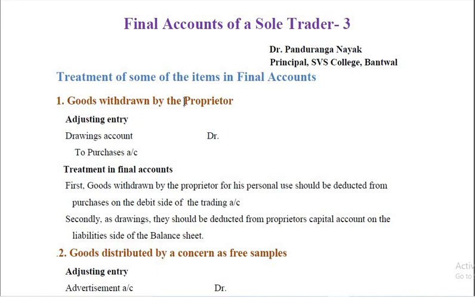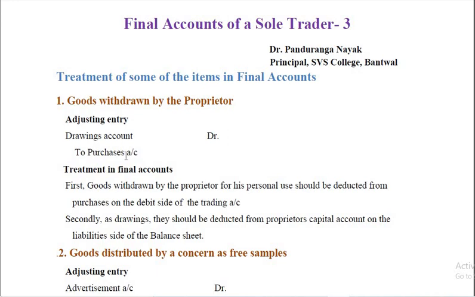And asset withdrawn means drawings account to asset account. So we are bothered about goods withdrawn by the proprietor. If you draw either cash or goods or assets, that will be debited to drawings account. And when you prepare the balance sheet from the capital account, you deduct drawings account.